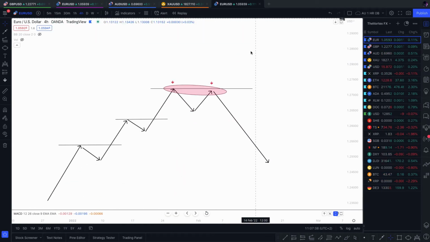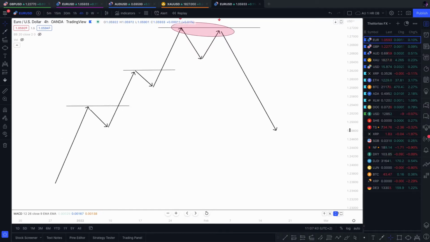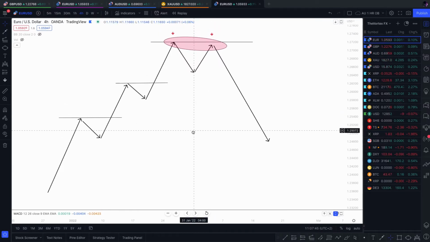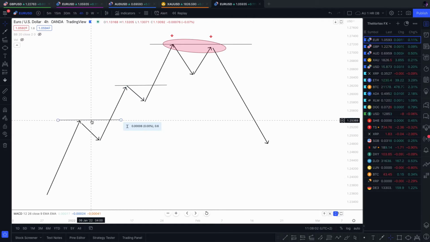Let's get into it. This little diagram, from video number 1, explains this concept quite nicely. When price begins to make a trend, in this example a bullish trend, we have higher highs and higher lows. But what happens when price makes a higher high?